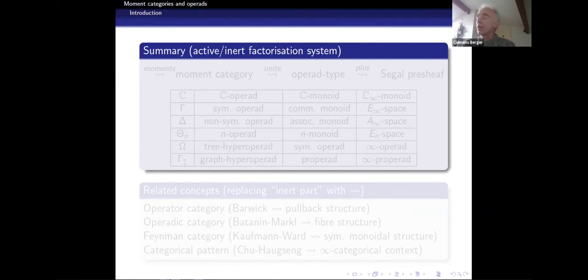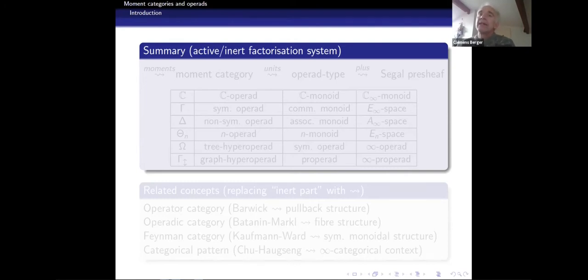And I call this factorization system the active-inert factorization system because it has been introduced for the category of finite pointed sets and mappings between them by Jacob Lurie in his work on higher algebraic structures and infinity operads. And I generalize properties of this factorization system to other categories.